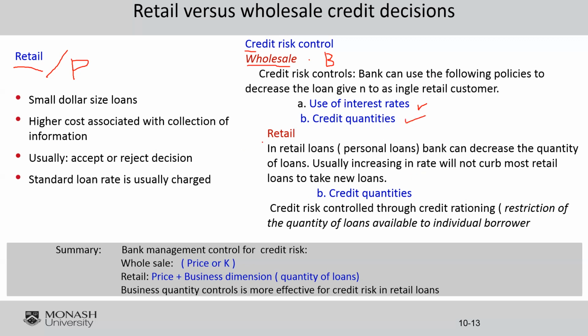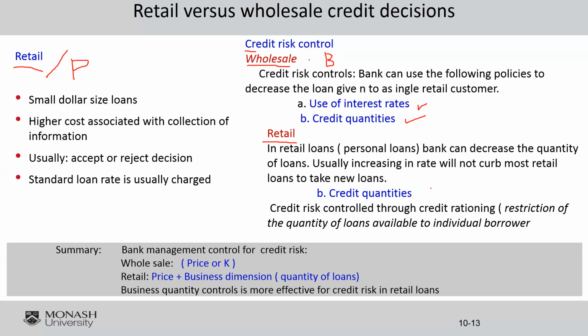Now, for retail, to control it we cannot use the interest rate. Retail customers are not very rational. If I'm traveling, buying new computers, or buying a new car, and they tell me the interest rate is 5%, I will say okay; 7%, I will say okay; 10%, I will say okay.